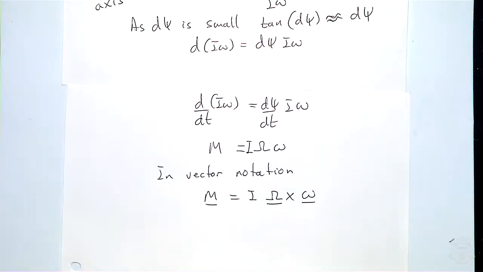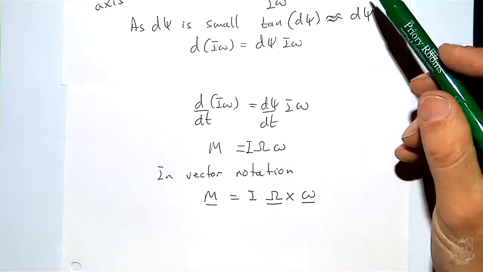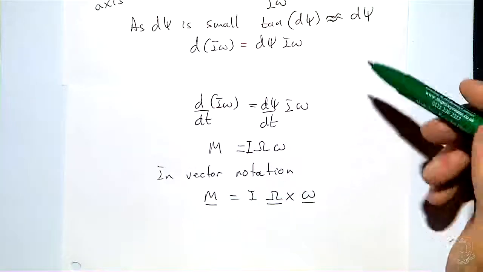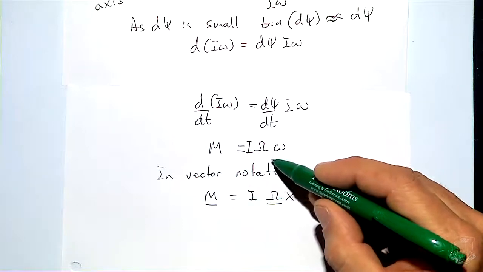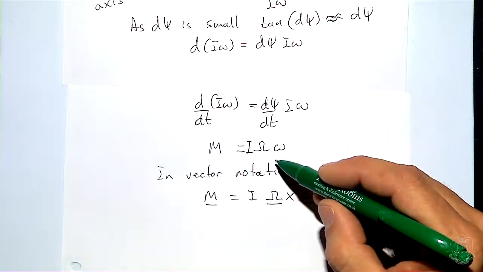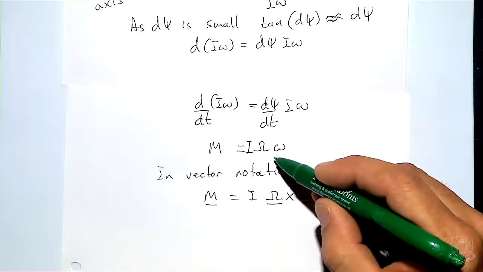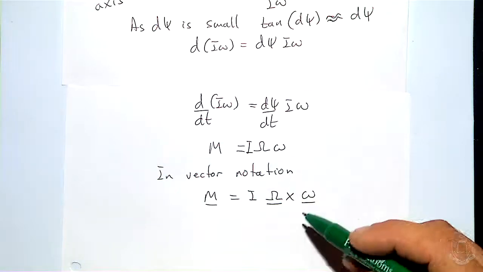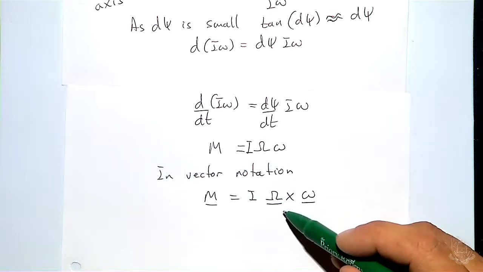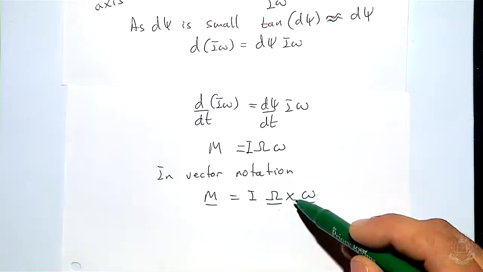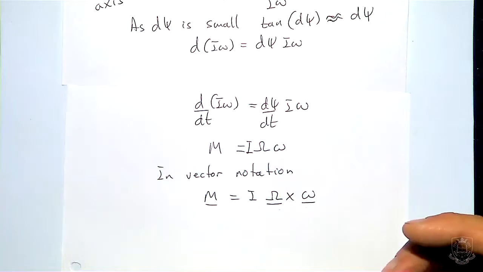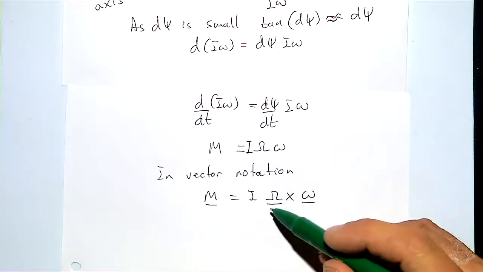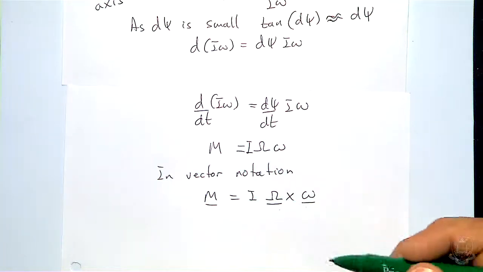Now one subtlety, so I've gone through this derivation using scalars, okay? So one thing to watch out for is, in a scalar case, you could multiply these together either way around, it wouldn't make any difference. But in the vector case, if you change the order of multiplying the cross product, you change the sign of the result, don't you? So it always needs to be in this order.